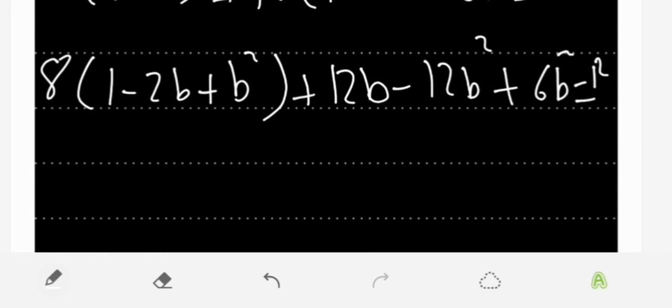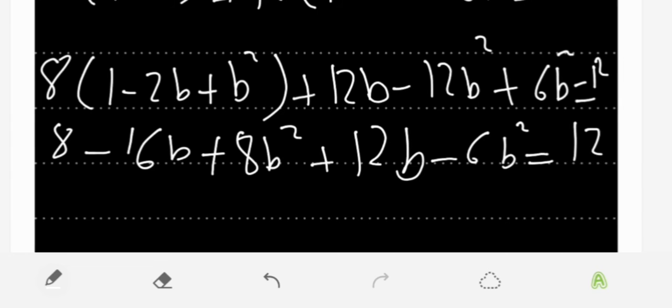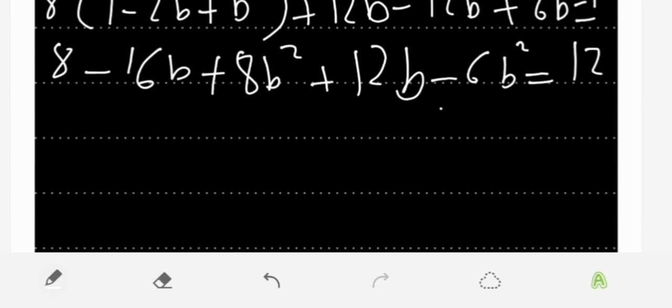Okay, so let's multiply this parenthesis. So 8 minus 16b plus 8b squared plus 12b. Now minus 12b squared plus 6b squared is equal to 12. Minus 6b squared plus 8b squared is equal to what? 2b squared.